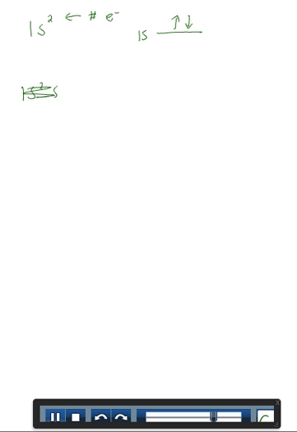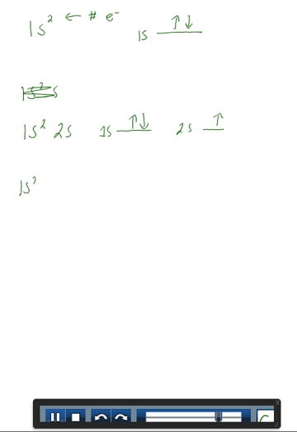Say we had this shorthand notation would be a way of representing this diagram.